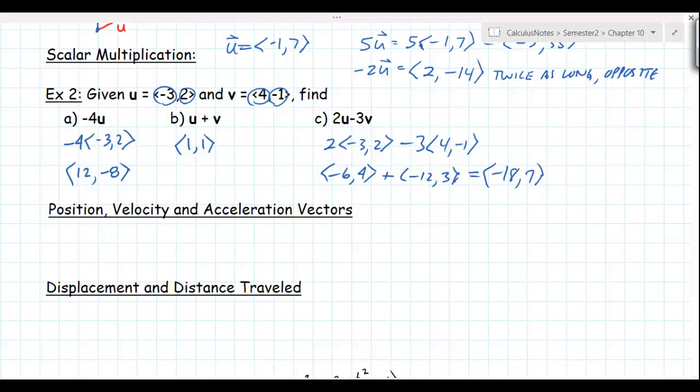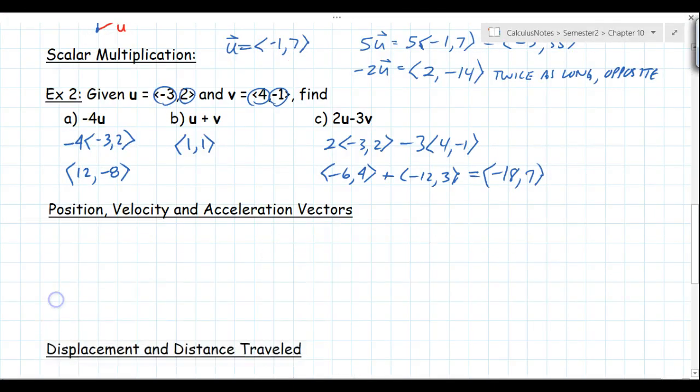Okay, similar to what we saw earlier on in the year, just working with position functions and velocity functions, we can work with position, velocity, and acceleration vectors.